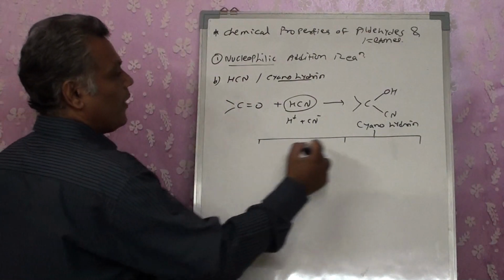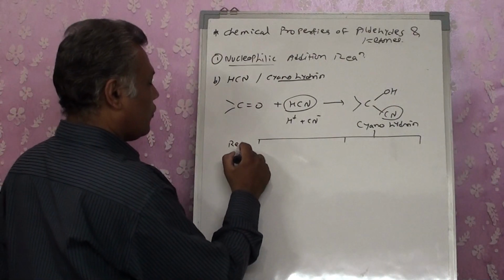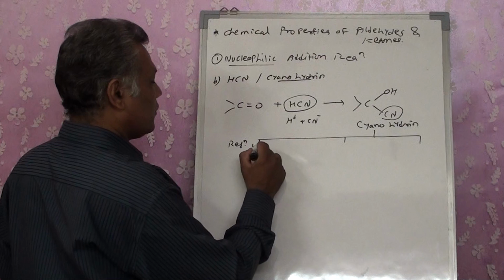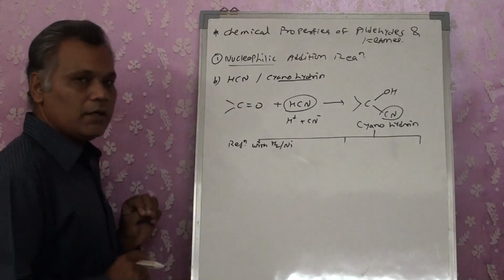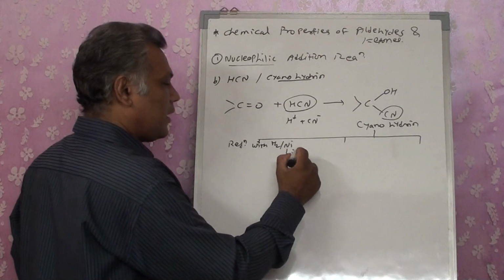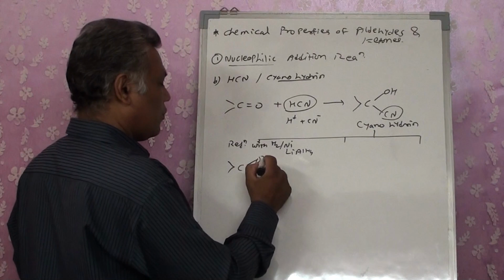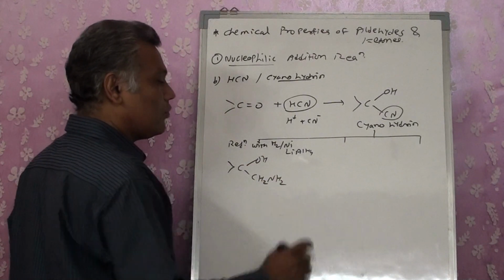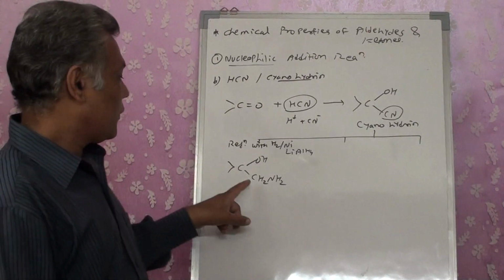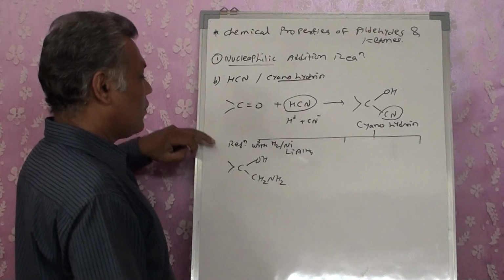Right? Wherever you have a CN group, and if I go for reduction with H2 in presence of Ni or maybe LiAlH4, what will happen? The compound with OH and this CN will get converted into CH2NH2.